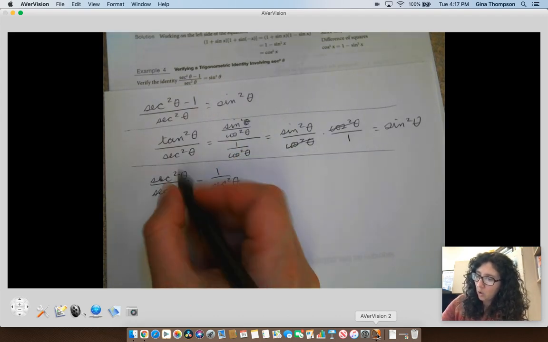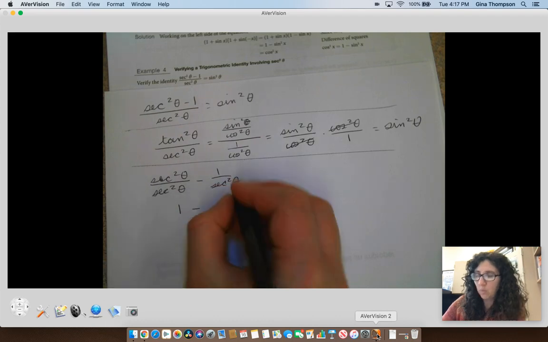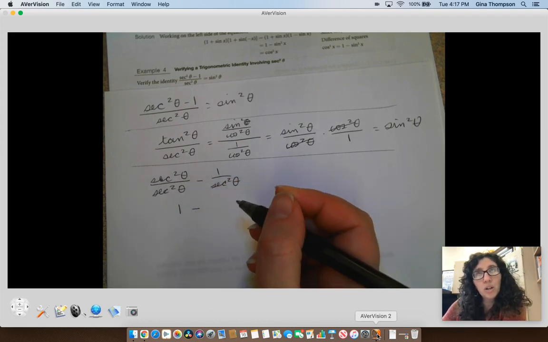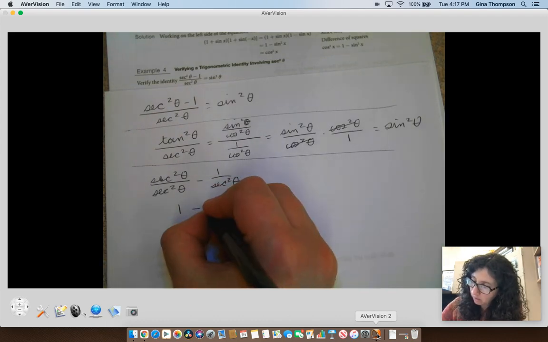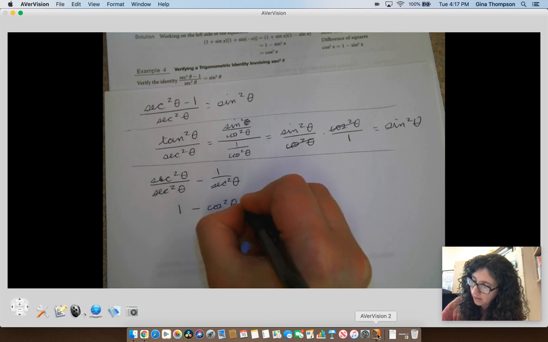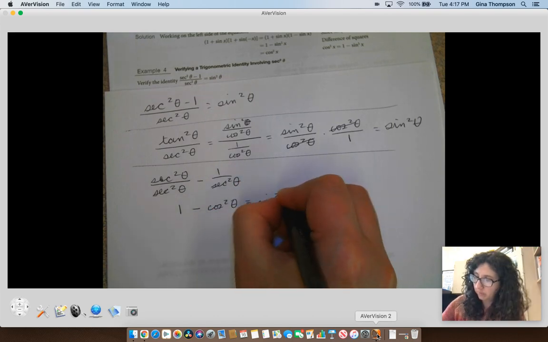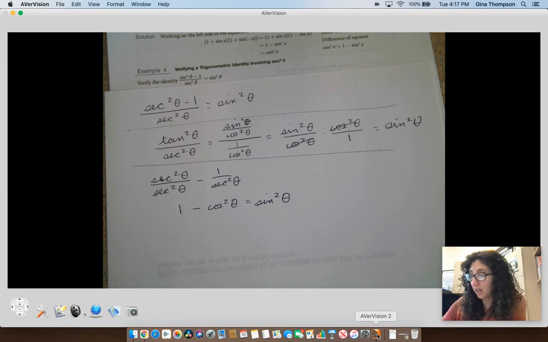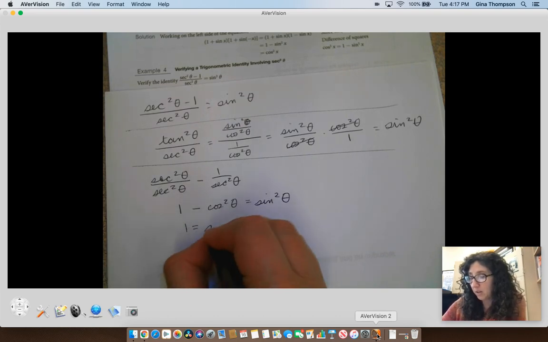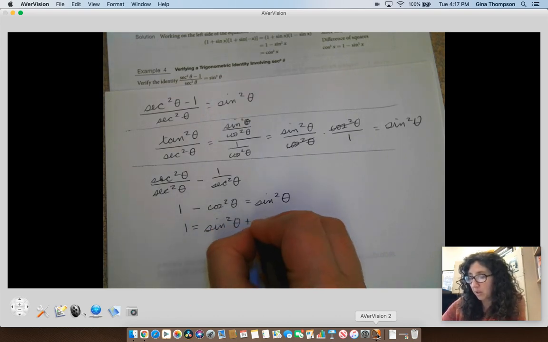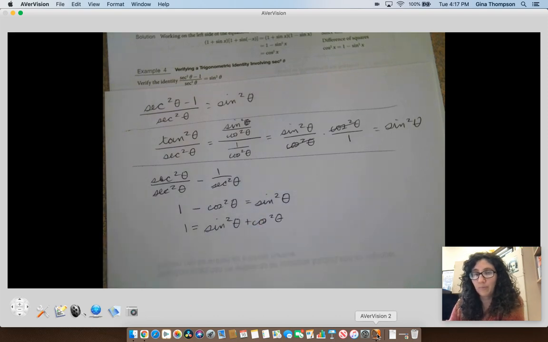Well, this is 1. And let's see, 1 over secant squared is cosine squared. Is that equal to sine squared theta? Sure is. Pythagorean identity, right? 1 equals sine squared theta plus cosine squared theta. So there's a different way to do it.